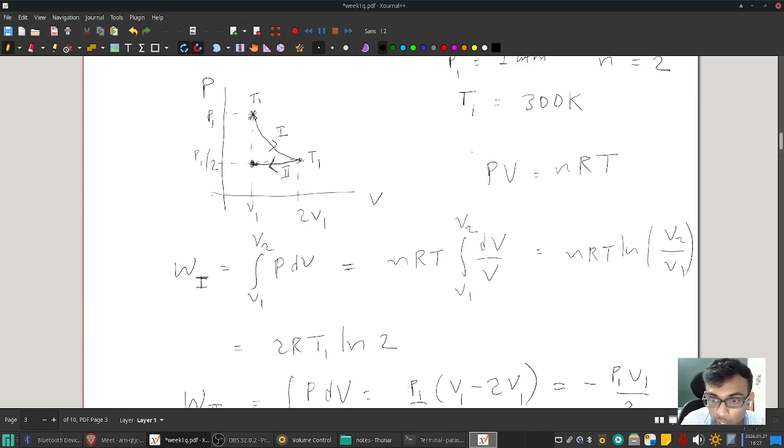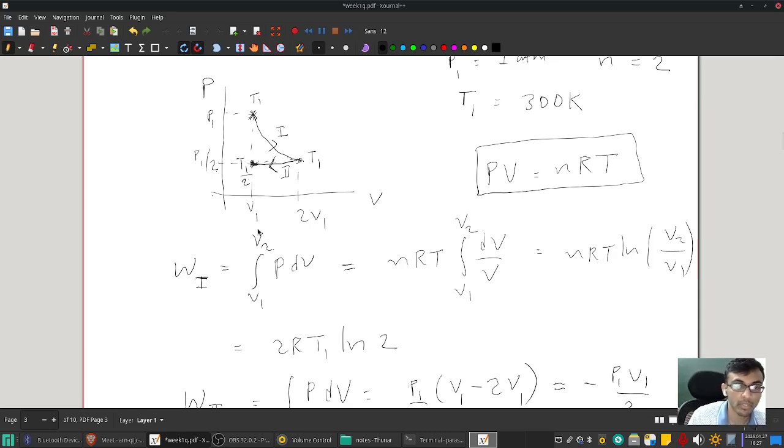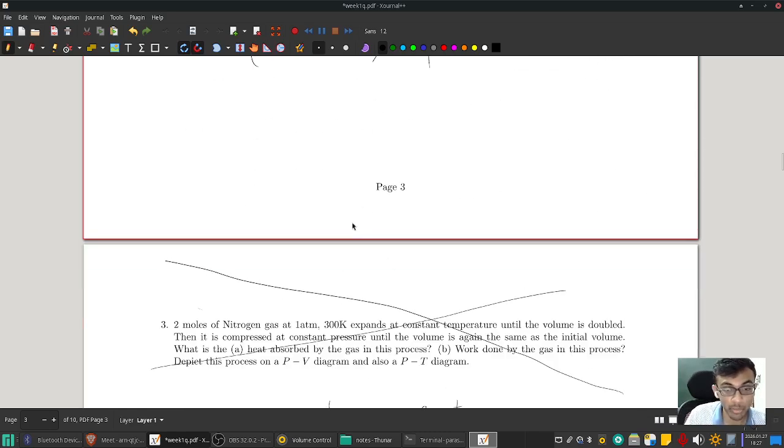If pressure is a constant, the volume will be proportional to temperature. So since the volume has decreased to half of its value in this step, temperature will also do so. So the final temperature at the end of both the steps is T1 by 2.